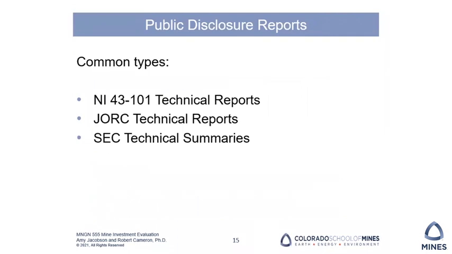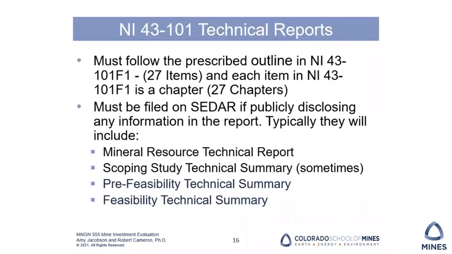The common types of public disclosure reports that you'll typically see are NI 43-101 technical reports, JORC technical reports, and SEC technical summaries. Now, if we look at the NI 43-101 technical report, it must follow the prescribed outline in NI 43-101F1.